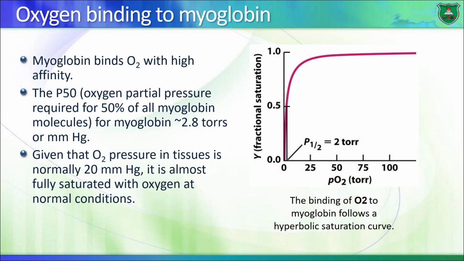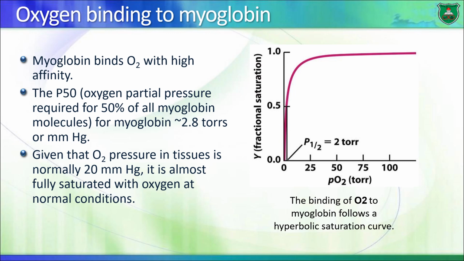Okay, so I said that the purpose of the function of myoglobin is to bind to oxygen and to release it in cases of emergency, that is hypoxia. So if I tell you, how would you expect oxygen binding to myoglobin to be?